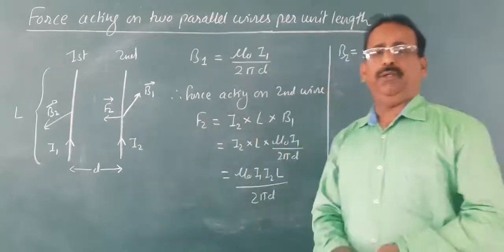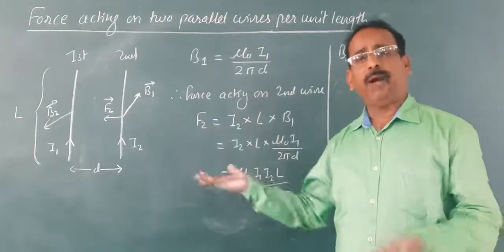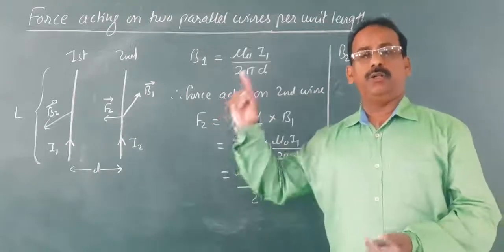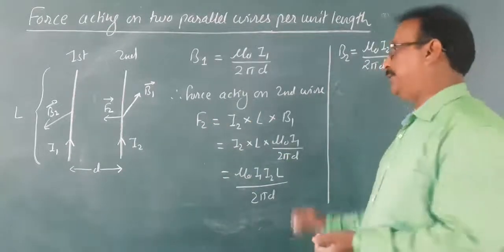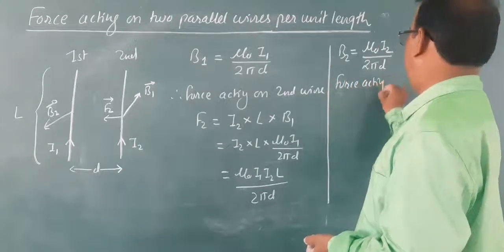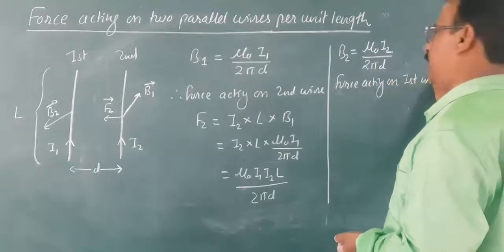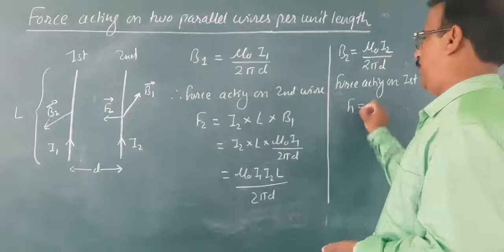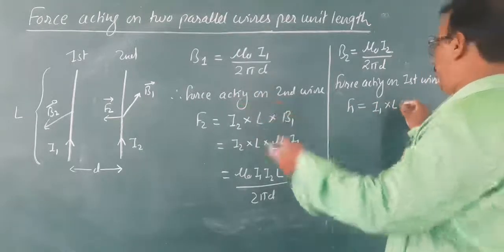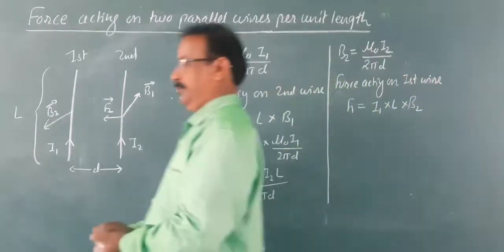In this magnetic field B2 produced by the second wire, the first wire is present, through which current I1 is passing. Therefore, force also acts on this first wire. The force acting on the first wire is F1, equal to current through the first wire into its length into the magnetic field in which it is present.